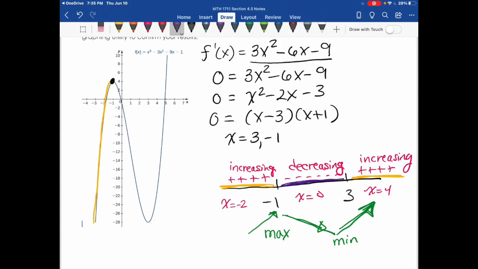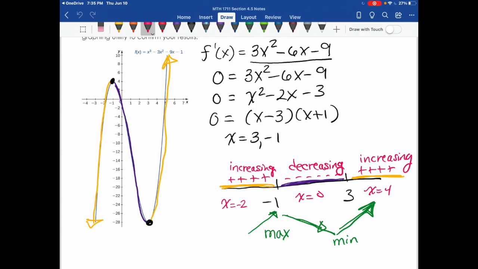Then I have a maximum at x equal to negative 1. Then from negative 1 to 3, this interval is decreasing, and then I have a minimum at x equal to 3. Then from 3 to infinity, again, I'm increasing, and then we're done checking.